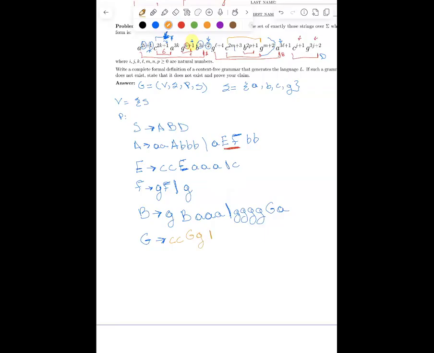And for my S or state, I need to move on with this part here. I can have three C's.